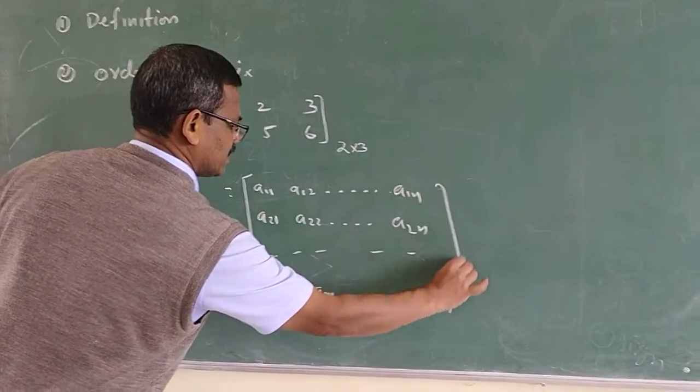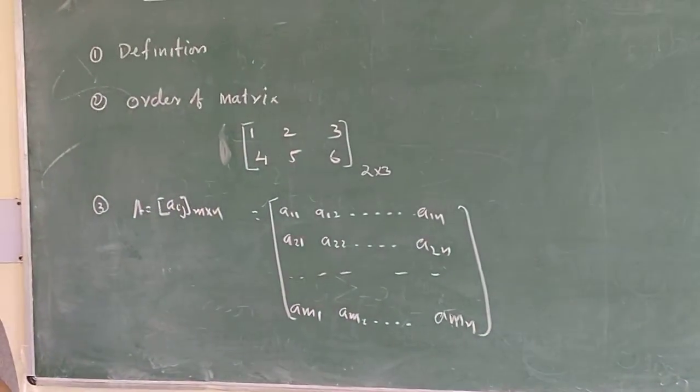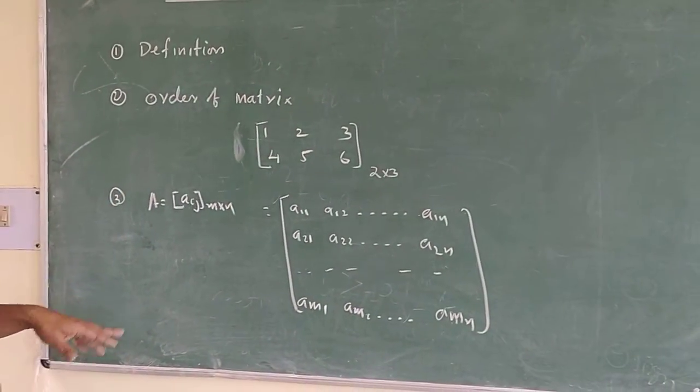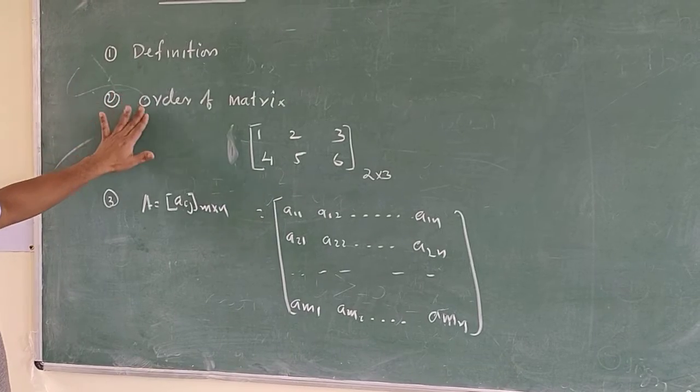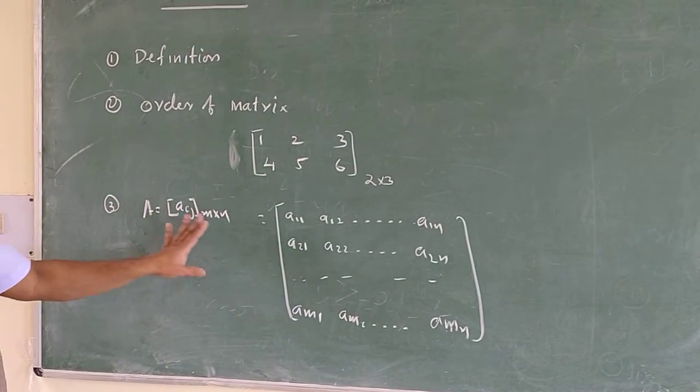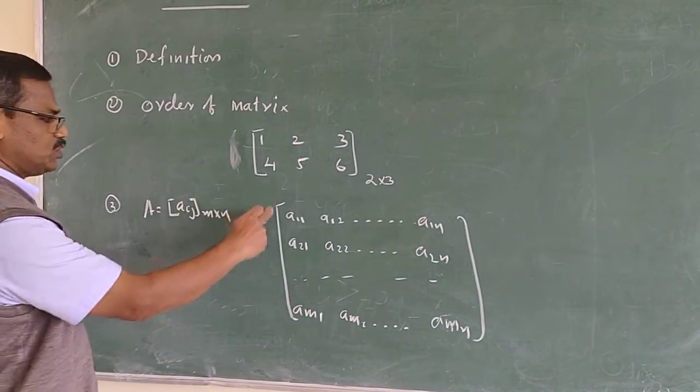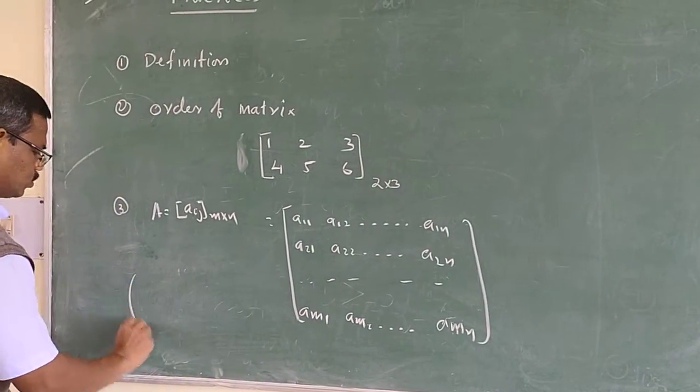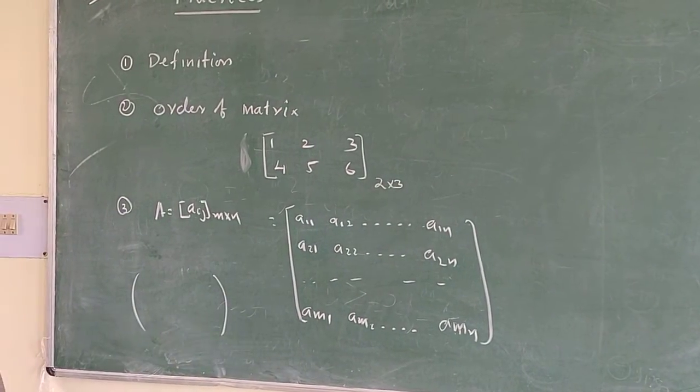This is the m row and n column matrix. So that is the definition, order of the matrix, and the representation of the matrix. Either we use square brackets or we may use round brackets also for representing.